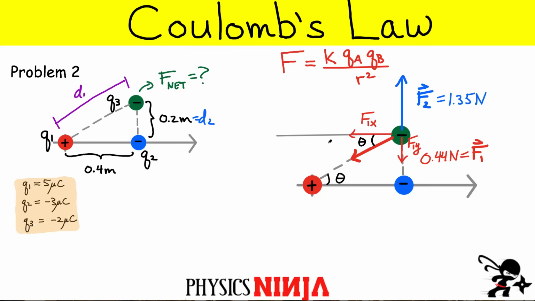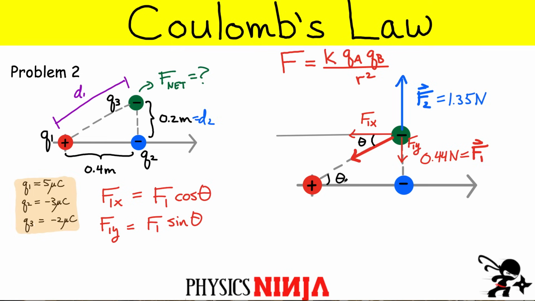Now if you do a little bit of trigonometry, you should realize that F1x should be equal to the magnitude of F1 multiplied by cos of that angle. And F1y should be equal to F1 sine of the angle theta.